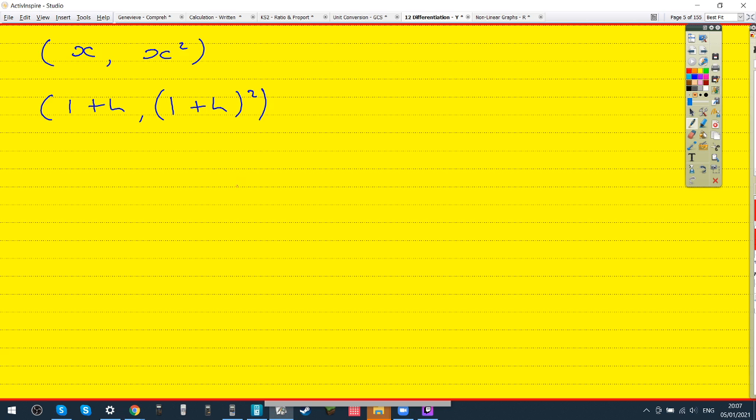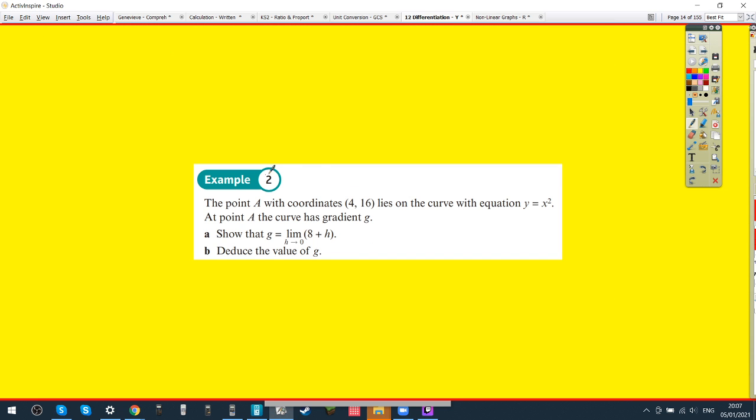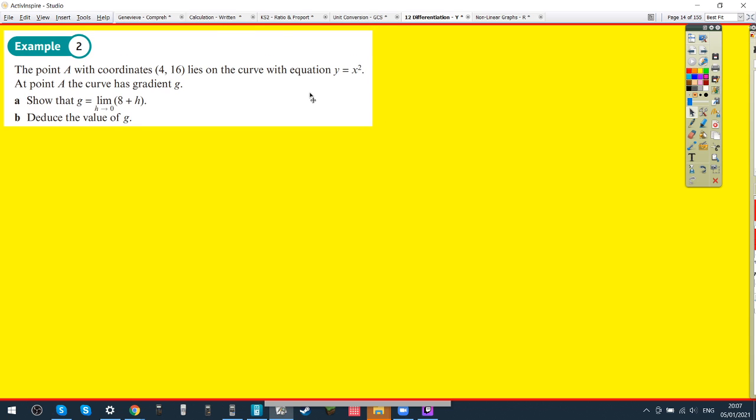This might be year 2. The point A lies on this curve. At point A, the curve has gradient g.